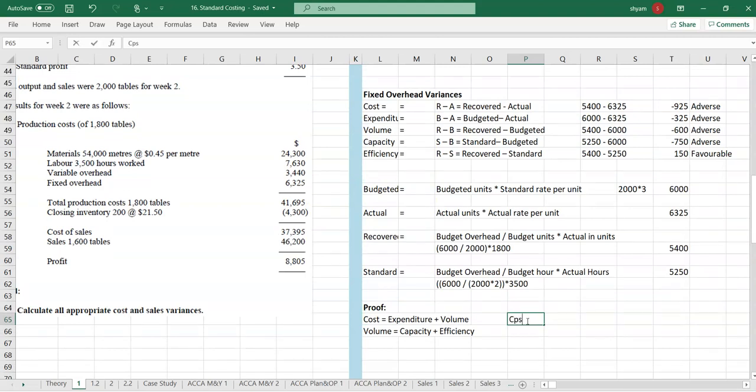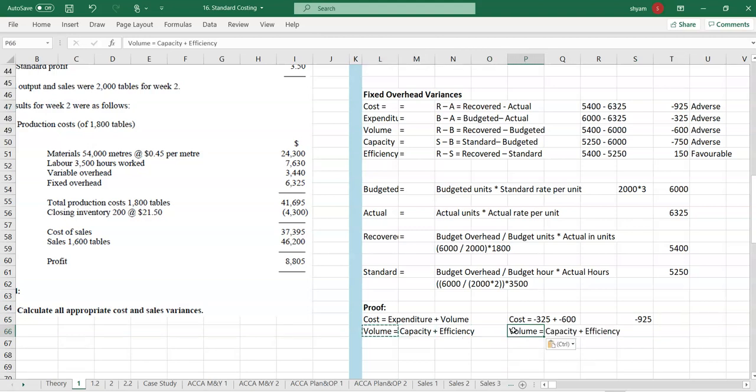So proof is cost variance is equal to expenditure plus volume. So expenditure is minus 325 plus, again a minus. I'm not sure whether it will work. So add that, and volume is minus 600. So minus 925, cost is minus 925. Yes, it is a minus 925. And what about volume variance?